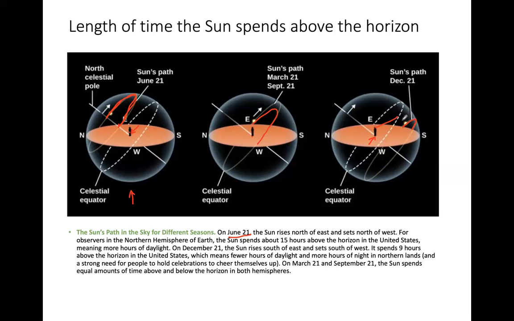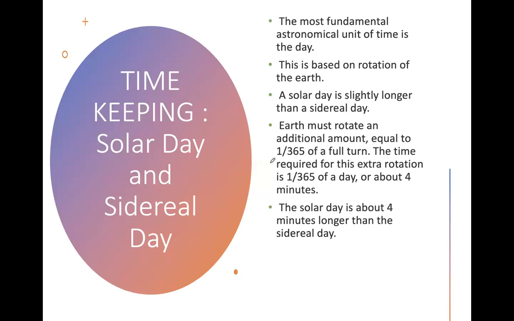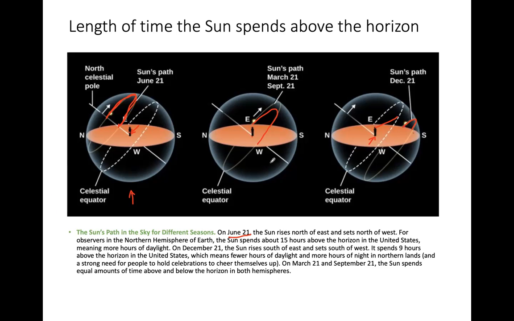That means south of east is right here, south of west is right here. So it goes very low in the sky for this winter time. I guess you can understand it even by yourself from this diagram, right? So that's about seasons.